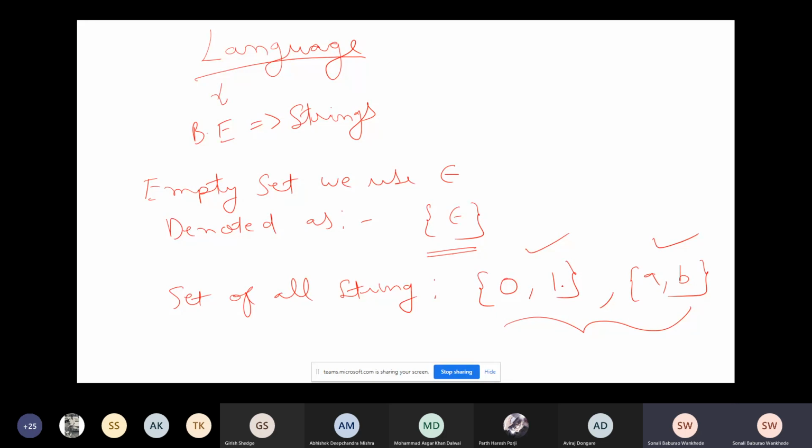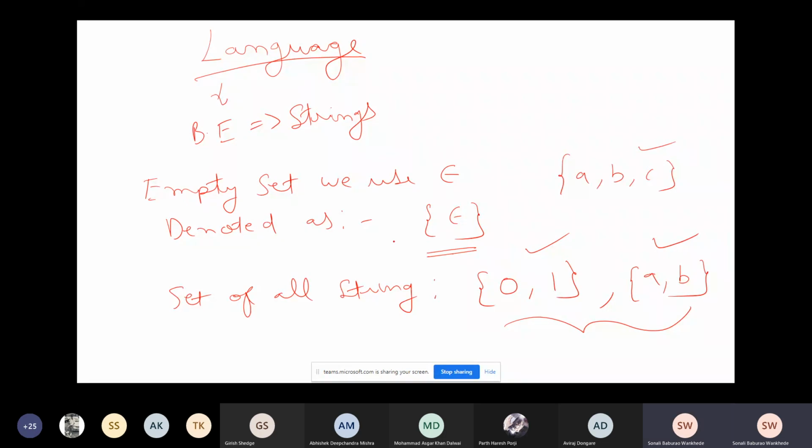It cannot be more than that, because here we are just interested in considering binary values in the form of zeros and ones. In terms of alphabets, you have A, B. You can also include other elements, like A, B, C. This is also acceptable.